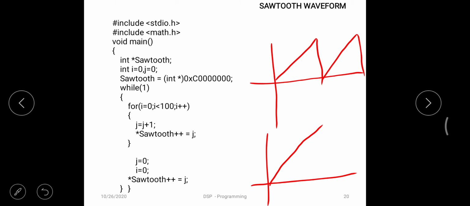Suddenly it will enter into j is equal to 0 and i is equal to 0. After assigning j and i equal to 0, in the next line I wrote sawtooth plus plus is equal to j, which means that 0 will be assigned to the sawtooth. Suddenly it will fall down. Since it is an infinite loop, once again the first for loop will be executed for another 100, and it keeps on executing.